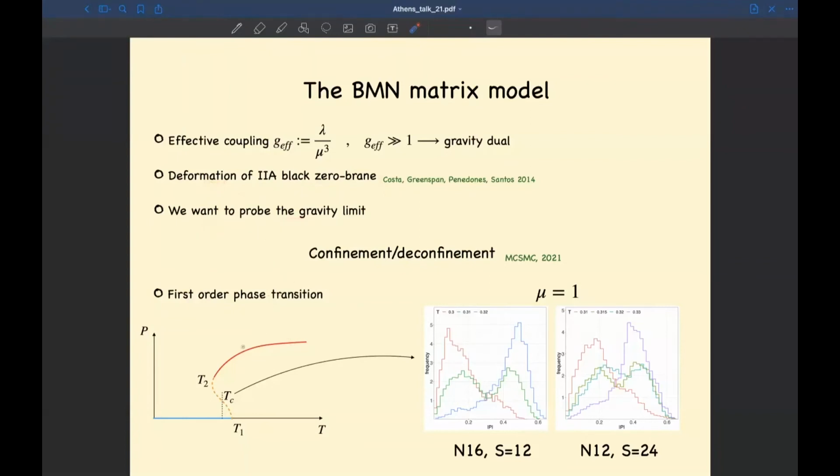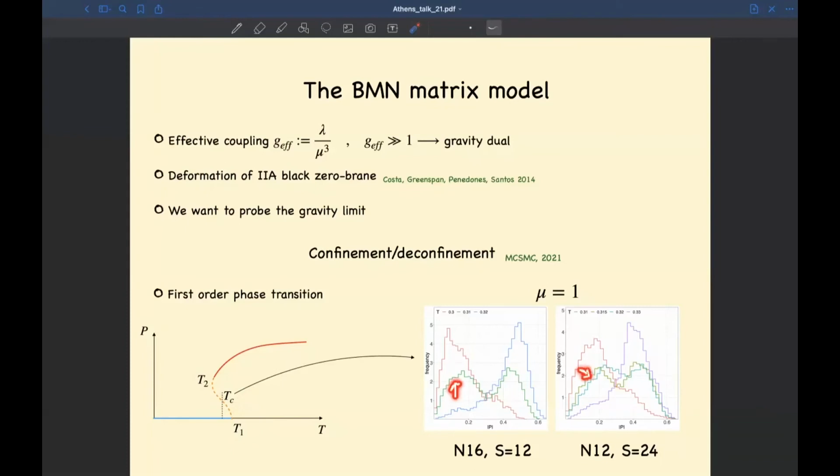So we can imagine that we are in a first order phase transition where the Polyakov loop and temperature are given like this. So we have 3 different temperatures, T1, T2, and Tc. But in simulations, what we always observe when we see a transition from confined to deconfined is Tc, but we say T critical. And indeed, we see here that there is a two-state signal, this green line.